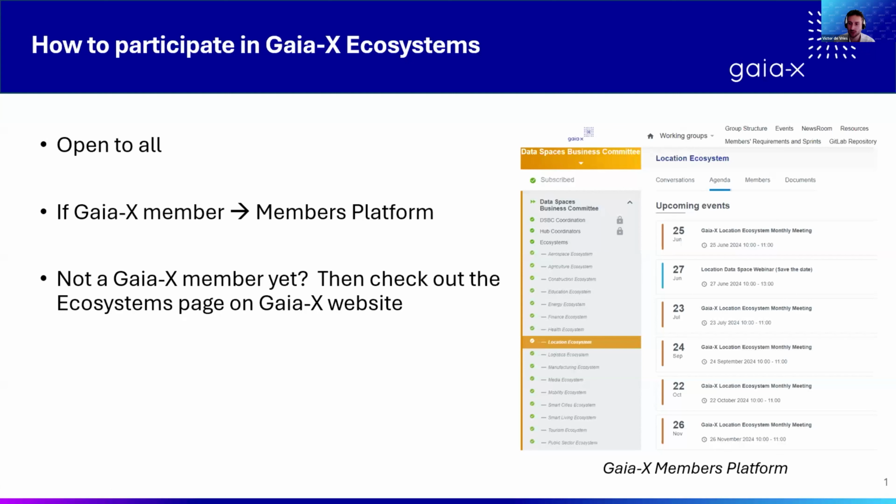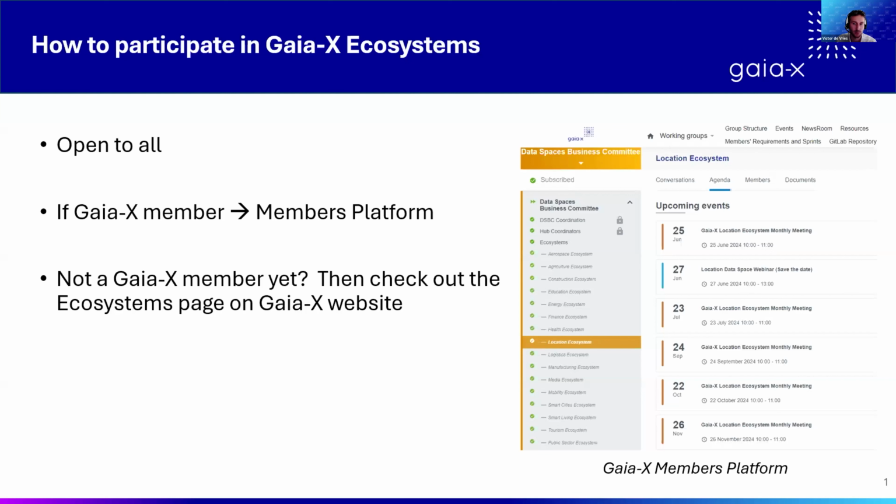And I just wanted to highlight 2 action points to follow up on everything that we're discussing, because it's a shame to leave it all just in this event. I wanted to highlight the location ecosystem, which Emmanuel is the co-lead of, a community where we have these types of discussions every month. We have regular meetings, and these are open to Gaia-X members and non-Gaia-X members. So anyone in this webinar today can attend.